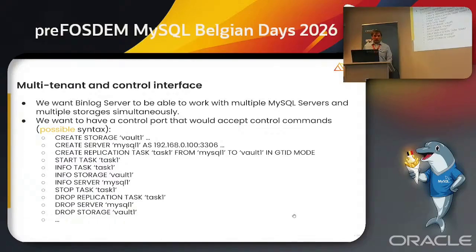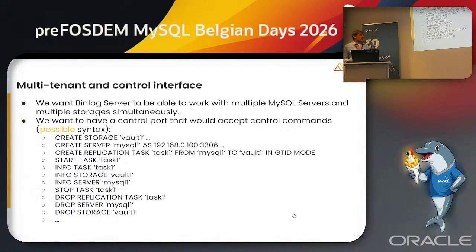I would start with supporting multi-tenancy and some control interface for this. What I showed you was just a single client, probably an alternative to the mysqlbinlog utility, but what if you want to have a single instance of this binlog server which would collect data from different sources, store them in different places, being like a centralized grabbing utility in your environment or in part of your environment.